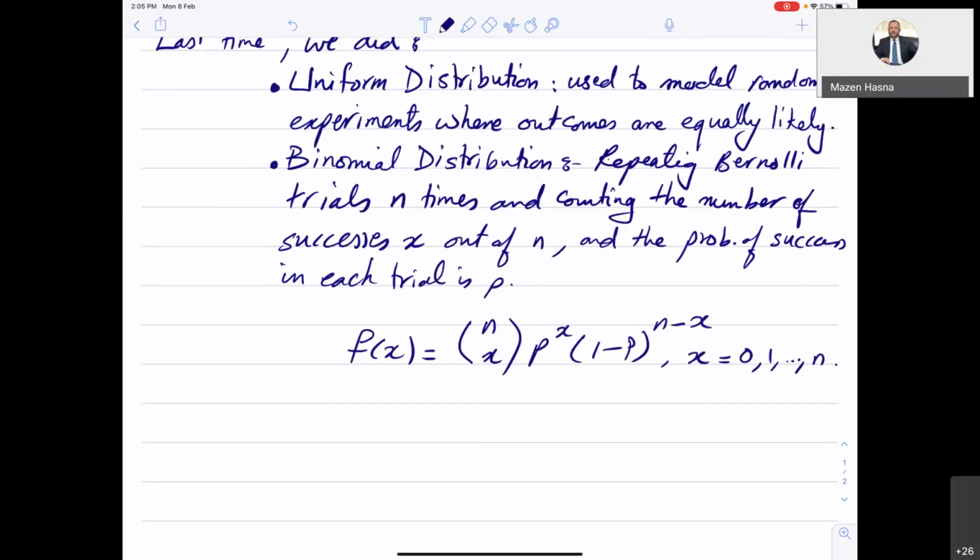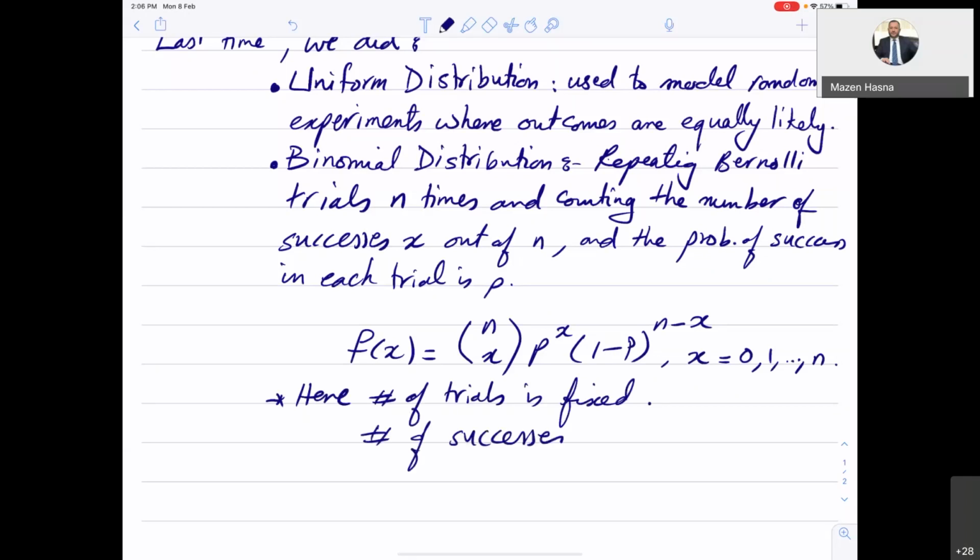So important to note here, the number of trials is fixed. The number of successes is random.